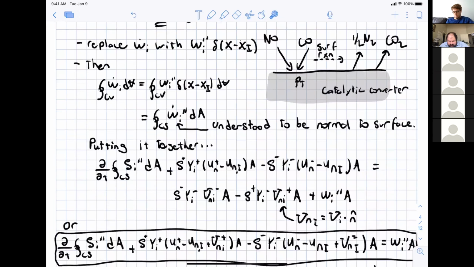Okay, so now we put it all together. We have to consider the diffusion velocities, but we don't have to do anything fancy with those. So if we put it all together, we have the accumulation of species I on the surface, plus the net flow out through the top, minus the net flow in through the bottom, is equal to the diffusion velocity in through the bottom, minus the diffusion velocity out through the top, plus the generation of species I on the surface due to surface reactions.